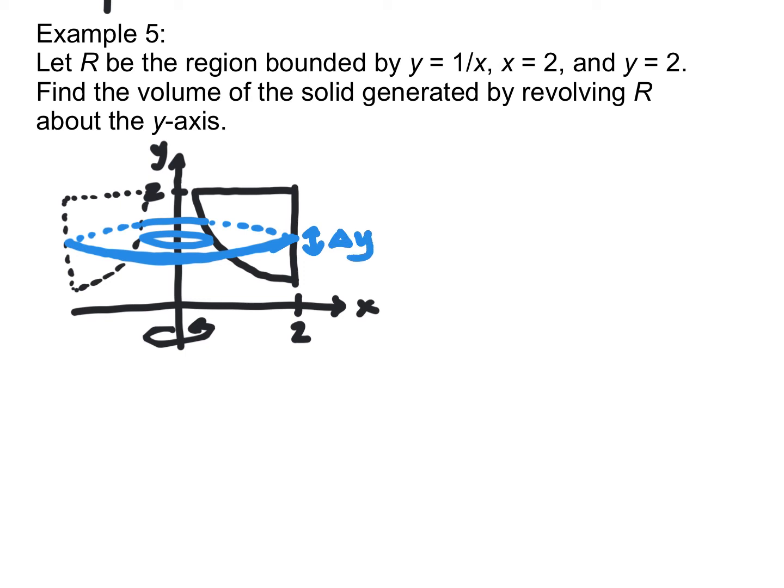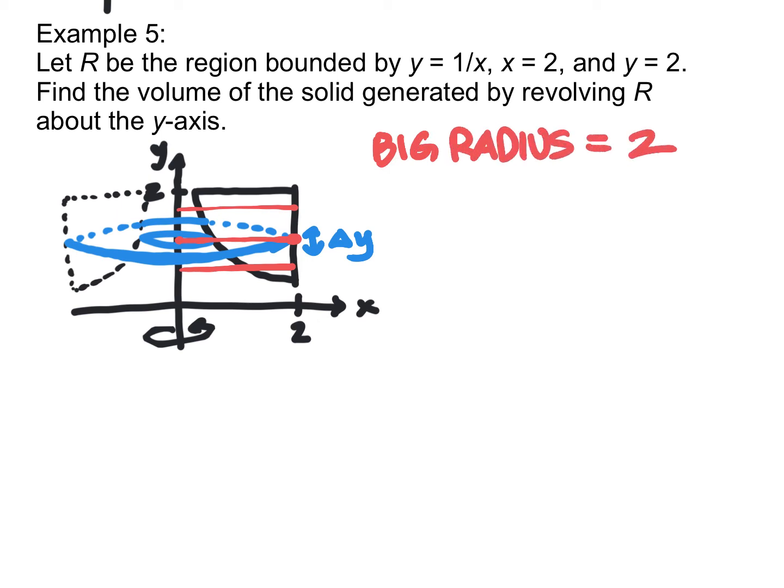Now this time the big radius runs from the y-axis all the way out here to x equals 2. And notice that every single one of these is going to be x equals 2, so the big radius is always 2. But what's going to be different is the little radius.